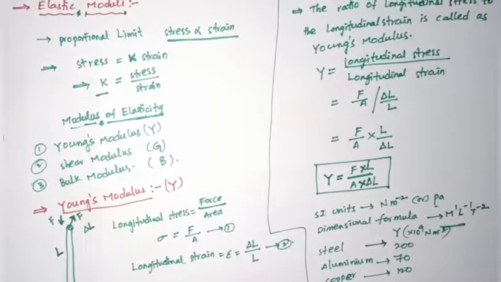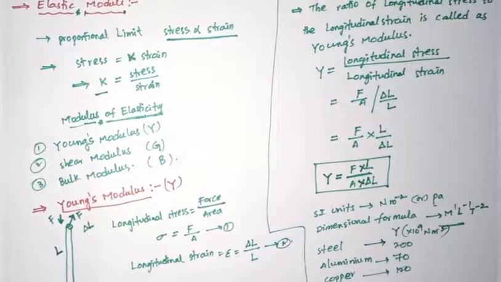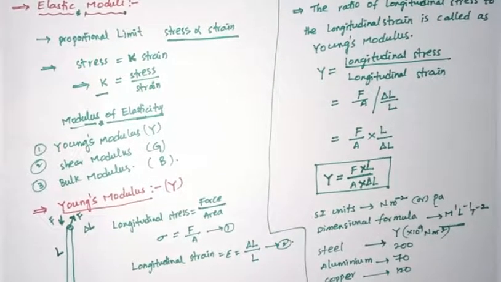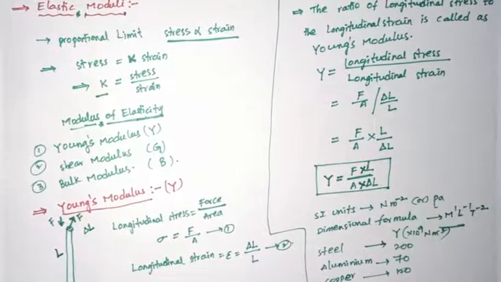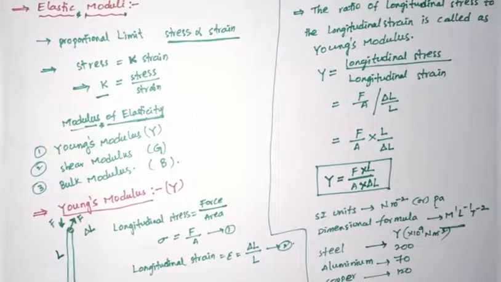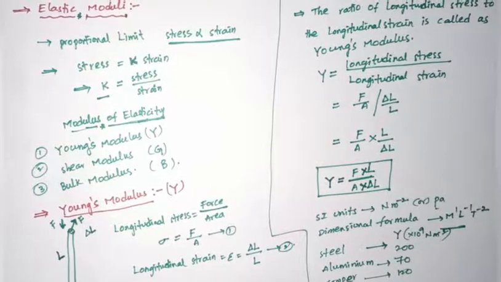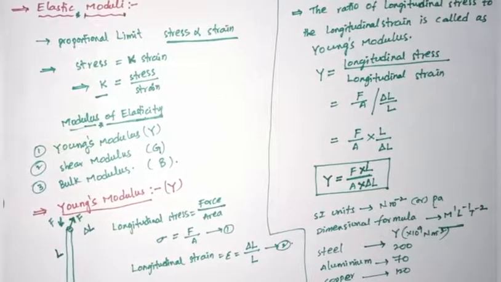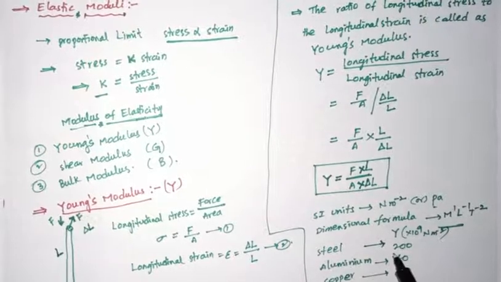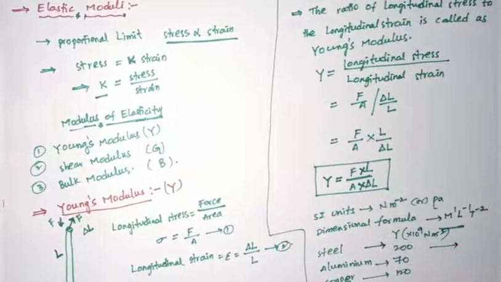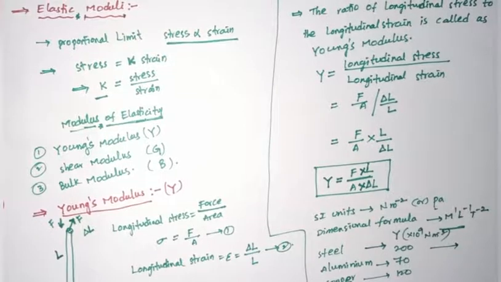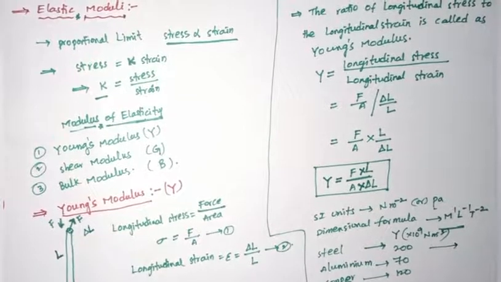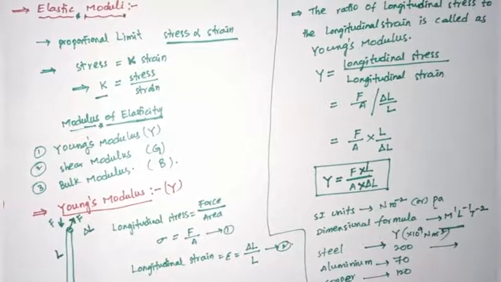Again, iron is 190, and bone is 16 for tensile and 9 for compressive. Now for example, take steel.